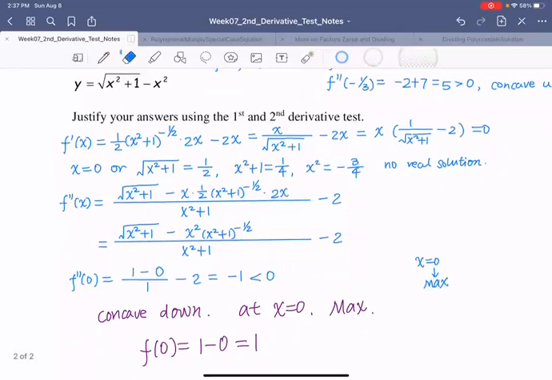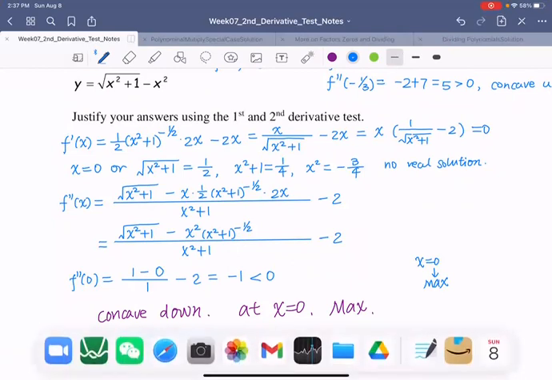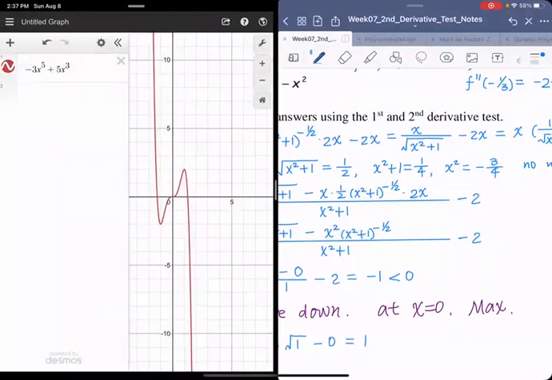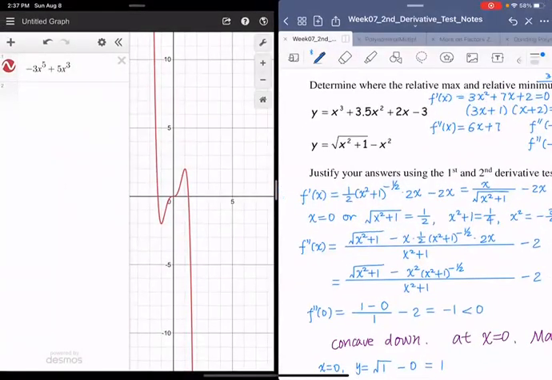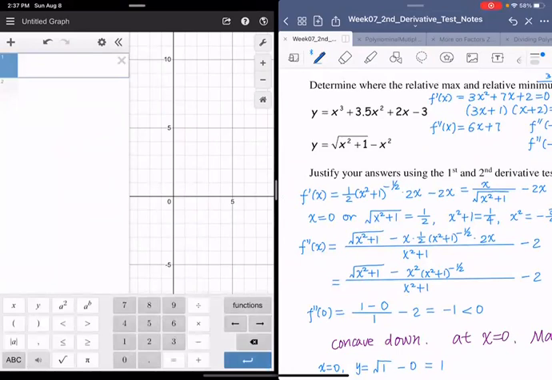So we can plug in. When x is 0, y will equal the square root of 0 plus 1, and then minus 0. This equals 1, correct? Yeah. Okay. So we can tell calculus is a really powerful tool because previously, without learning calculus, we had to use a calculator to draw this one.